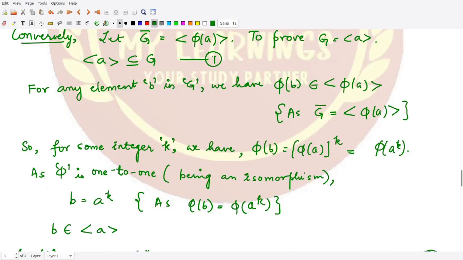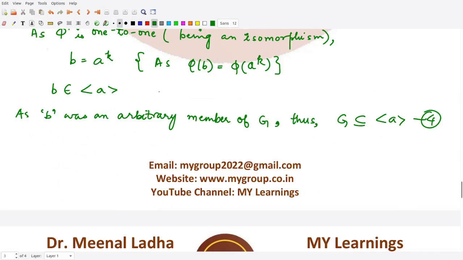From equation 4 and equation 3, we have G equal to the group generated by A, and this is what we wanted to prove in this video.